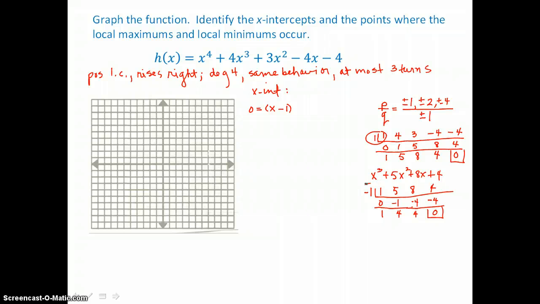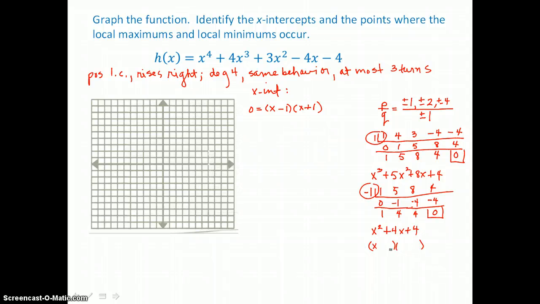So I found another 0 of this function. So x minus that 0 of -1 gives me x plus 1 as a factor. And what's left here, the quotient, is 1x squared plus 4x plus 4. And now that trinomial should factor into a binomial times a binomial.